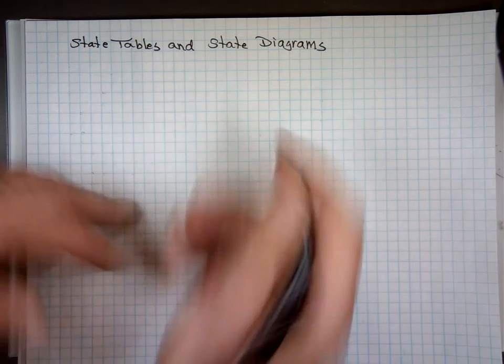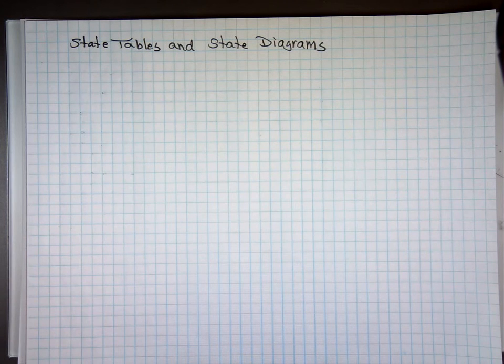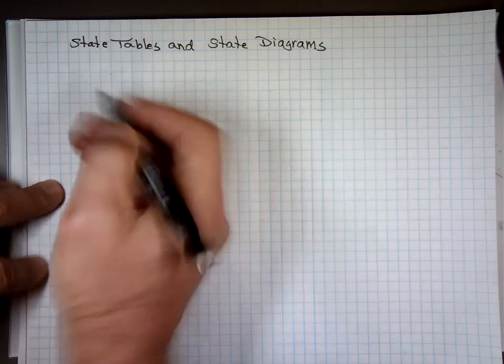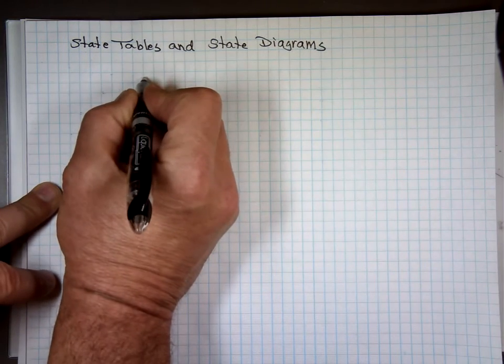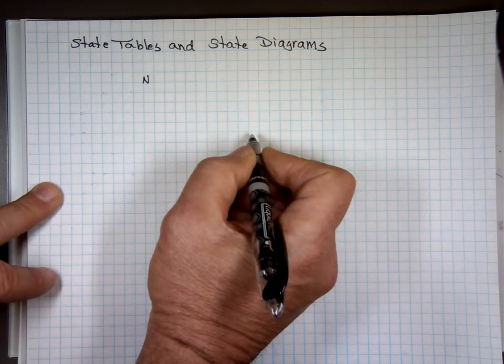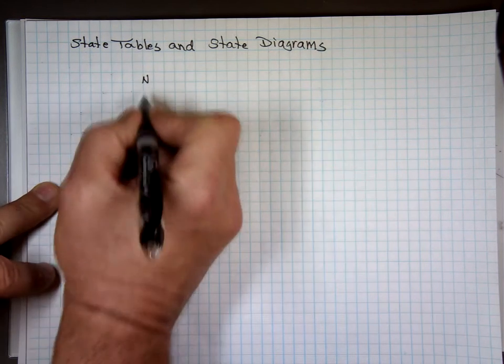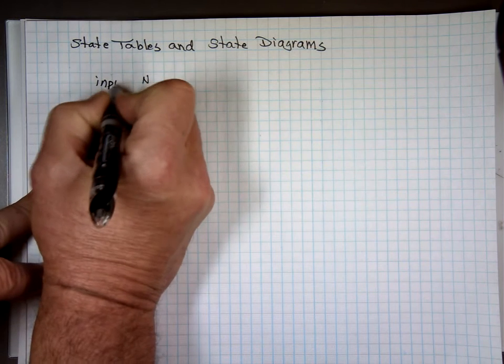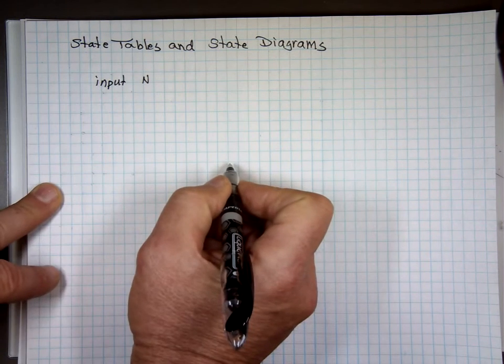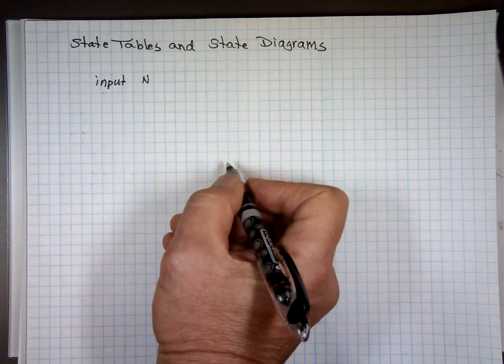Let's say we're going to design a controller for a coffee machine or a soda machine or a candy bar. I'll make it simple. Your machine only uses nickels for input. So your input is going to be only nickels, which means what?